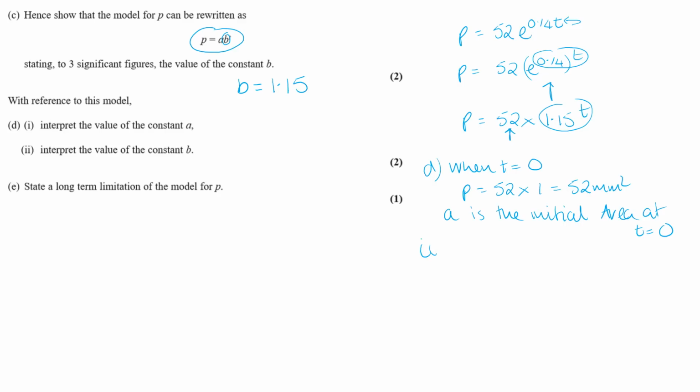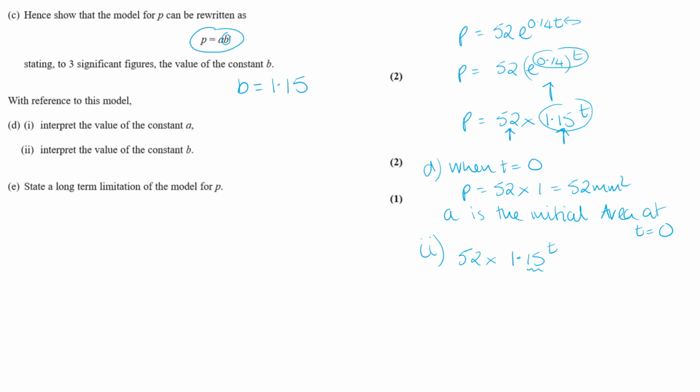Now part 2, we've got to interpret the constant b. Well, b is this thing here, the 1.15. So if you think back to when you did compound interest, say I invested £5,000 at 3% for 2 years, you do 5,000 times 1.03 to the 2. This is exactly what we've got going on here, 52 times 1.15 to the t.